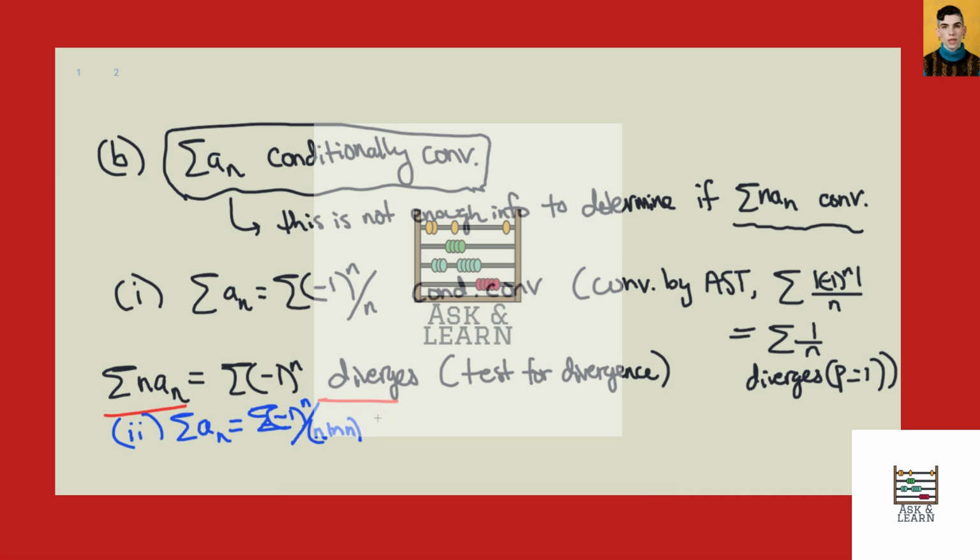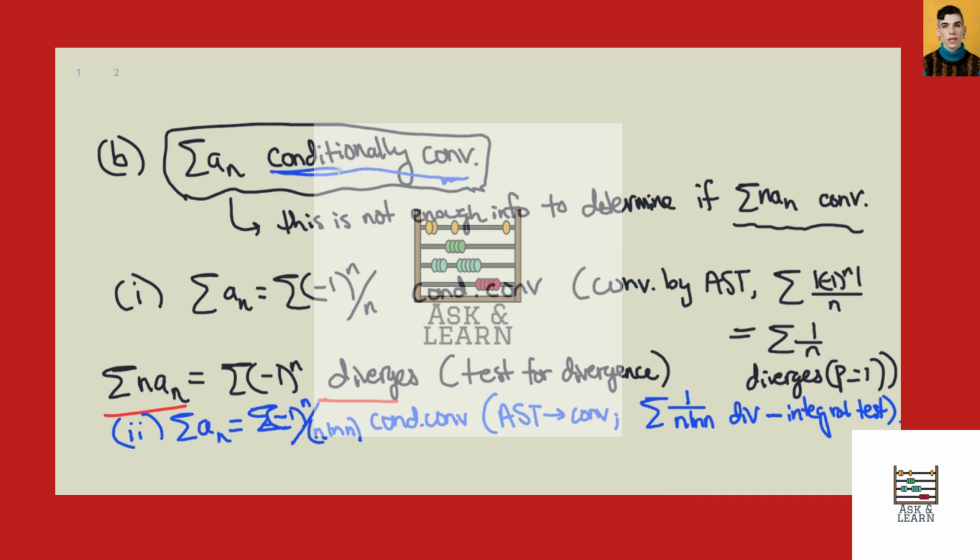So this is conditionally convergent. You can use the alternating series test, which will apply convergence. But if you look at the absolute value, this diverges, and to see that, you could use the integral test. So that once again guarantees that we're under this hypothesis, conditionally convergent.